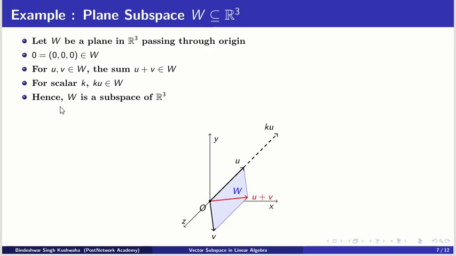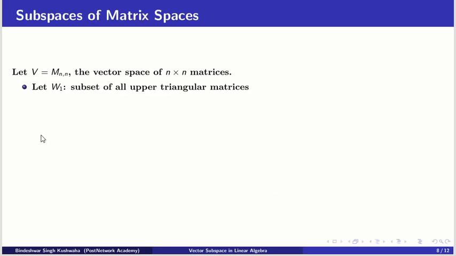That means three properties: zero vector, closed under addition, and closed under scalar multiplication. So that subset would be a vector subspace of R^3, or R^2, either may be.